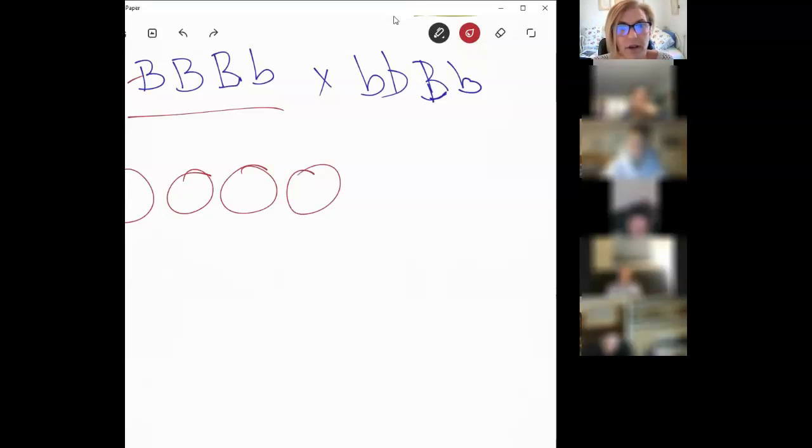Okay, so if you were doing FOIL, you have the first of each pair. This pair makes big B, big B. FOIL, just like in your math problems. Outer is referring to the outer limits of the whole set. So outer makes a big B, little b.